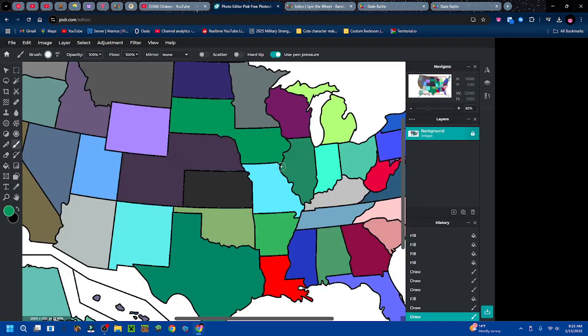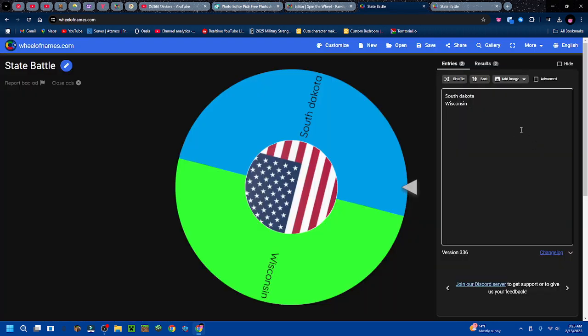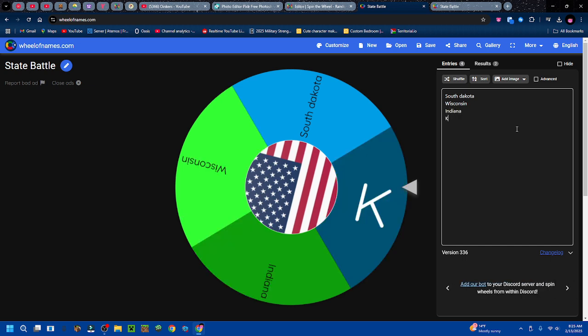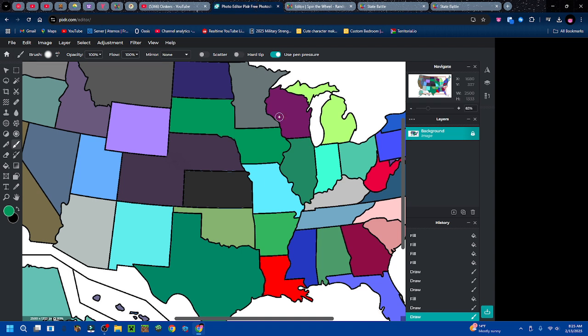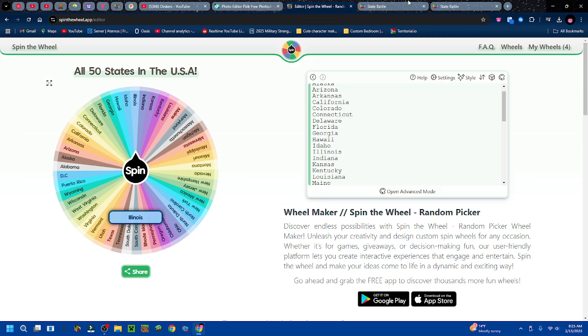Wisconsin. Let's do Indiana, Kentucky, Missouri. And is that all? Yep. They almost border Tennessee down here, but they just don't.